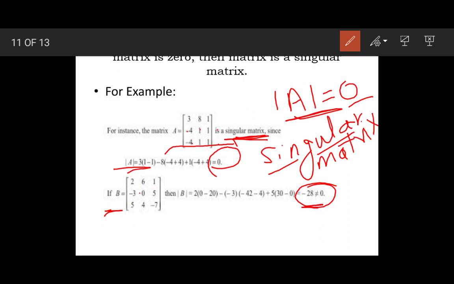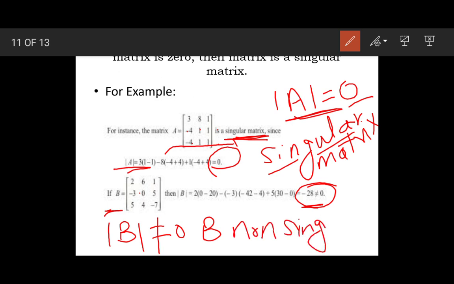Since the determinant of B is not equal to 0, B is a non-singular matrix. Clear? If the determinant is 0, then singular matrix, and if the determinant is not equal to 0, then non-singular matrix.